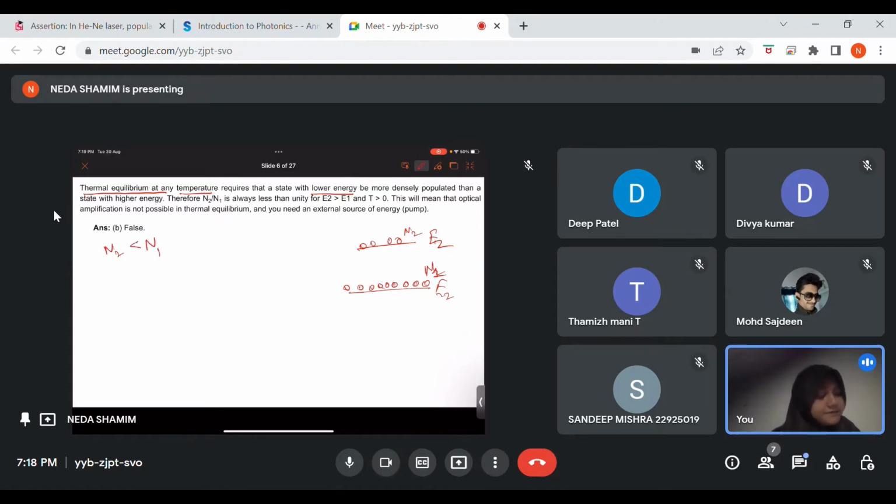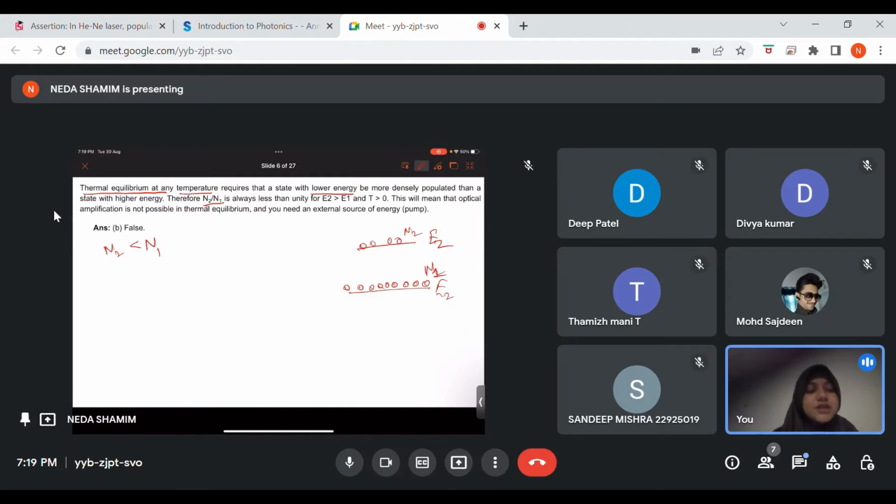Therefore, N2 by N1 will always be less than unity, because E2 is greater than E1 at T greater than 0, and this means optical amplification will not be possible at thermal equilibrium.